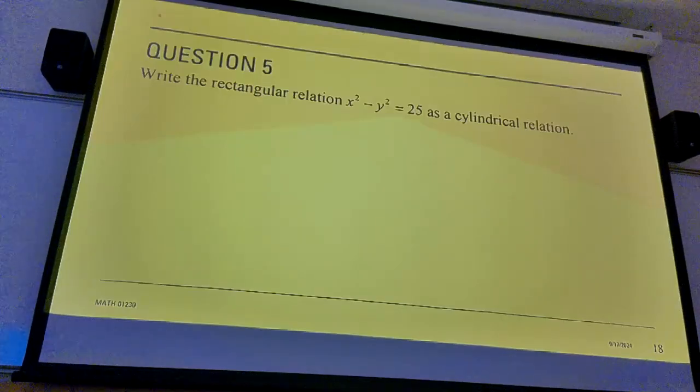We want to describe that in cylindrical. What would x be?